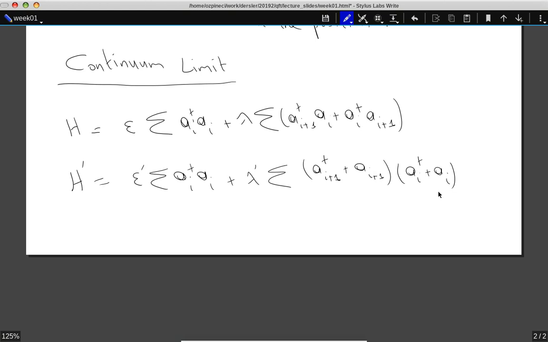It still contains these terms of the previous Hamiltonian. It just has some additional terms.